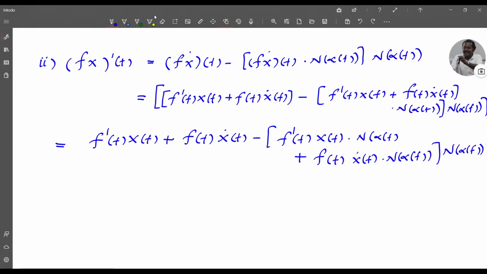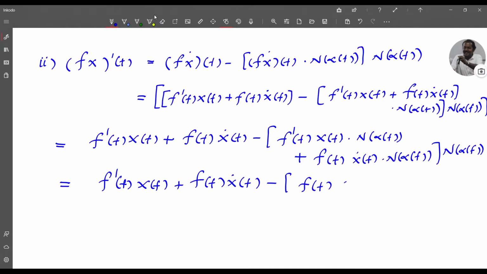You know that x is in the tangent space and n of alpha of t is the normal there. So x of t dot n of alpha of t is 0. So this term is 0. So remaining you are getting f prime of t into x of t plus f of t into x dot of t minus f of t into x dot of t dot n of alpha of t times n of alpha of t.